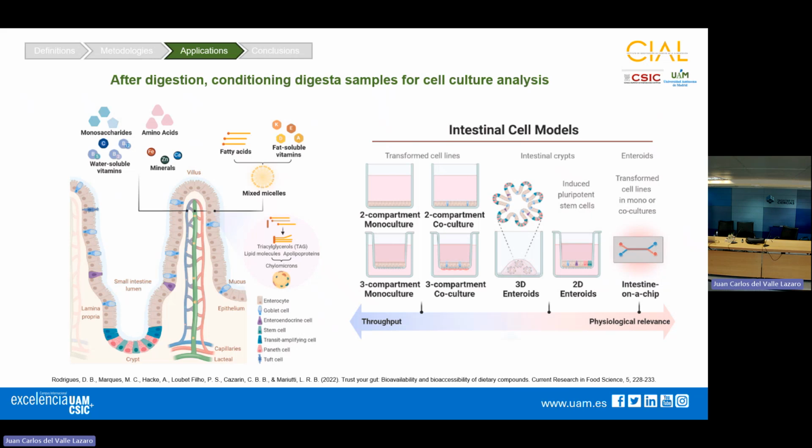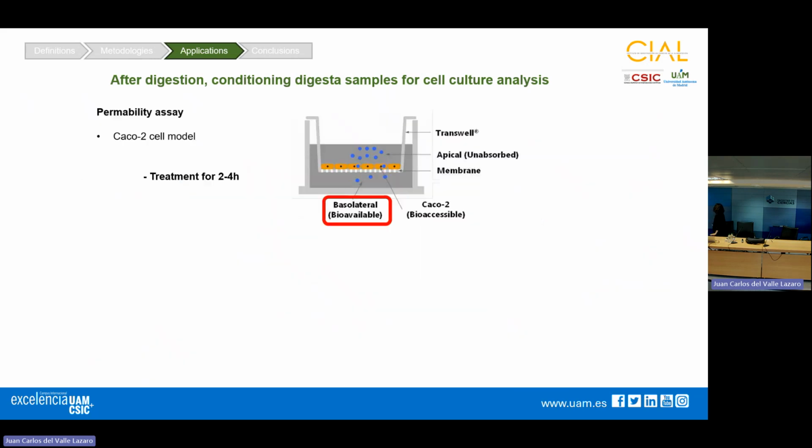Then more advanced models use organoids. And just the latest advance, there was a paper published last year on the possibility to have an intestine on a chip that is this big. Amazing, because you can have the full digestion and then the absorption, which is really cool. But it's still, for me, science fiction yet.